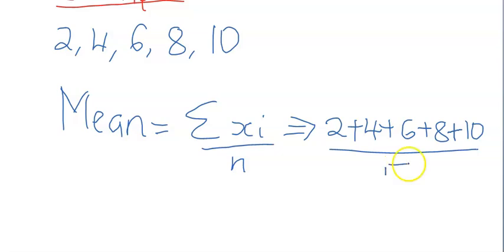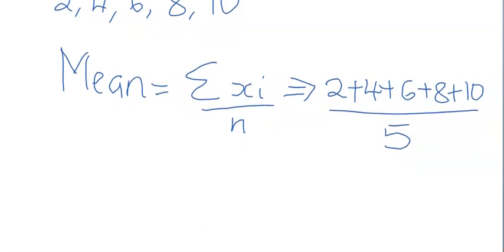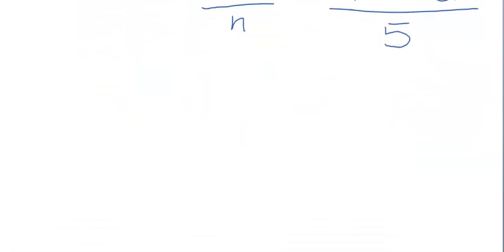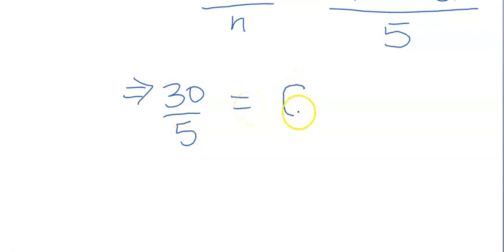The number of the sample is 5. Now when we sum those values, we get 30 divided by 5, which is equal to 6 as our mean in this case.